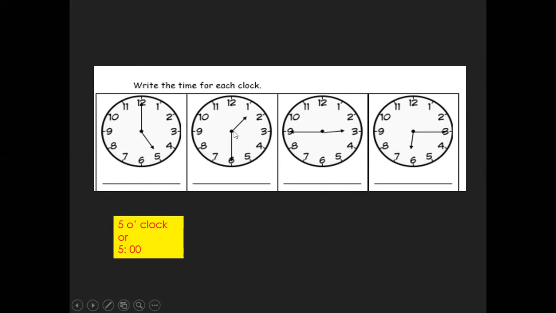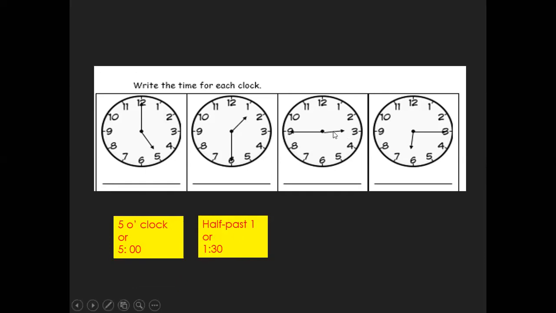Next, the hour time is between 1 and 2. So which one are you going to use? Okay, the lesser value. So we have 1. And then the minute hand is pointing at 6, which is 30 minutes or half past. So our answer will become half past 1 or 1:30.